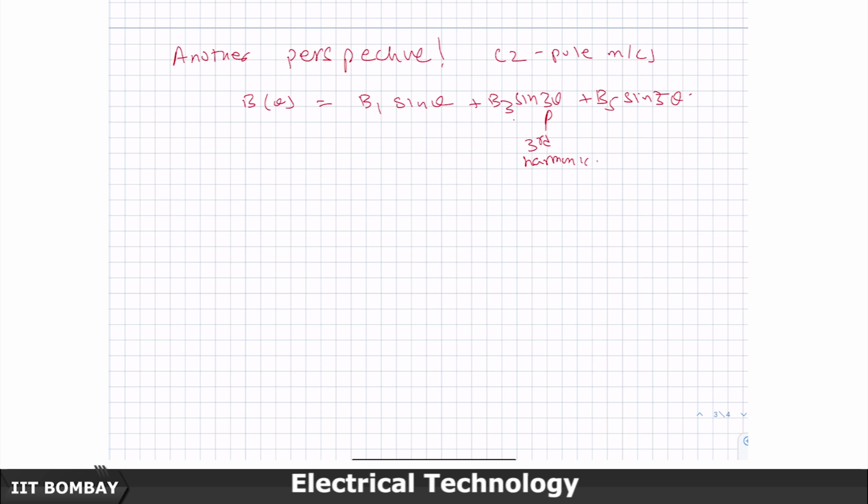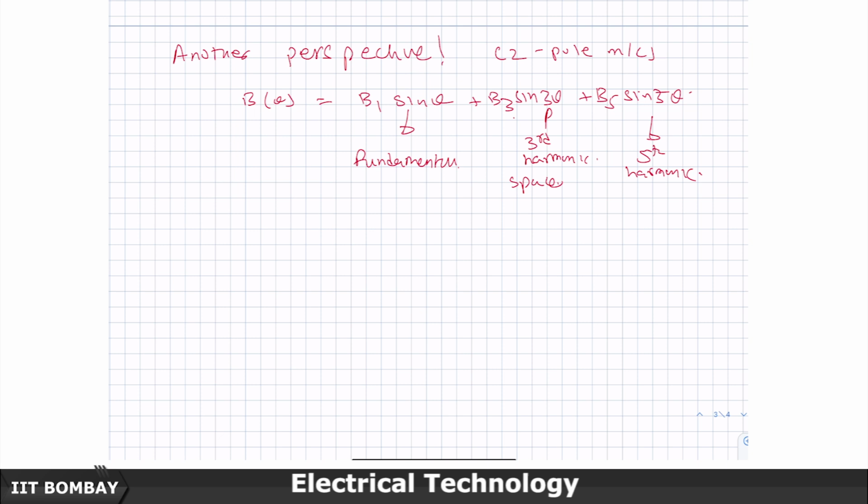What I am trying to say is this is the third harmonic in space, and this is the fifth harmonic in space, also called space harmonics. This is the fundamental, and there is no DC because north south poles always come in pairs, so you will have the fundamental and no DC component.